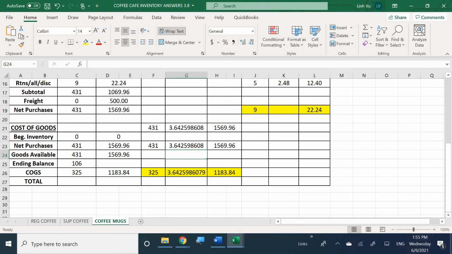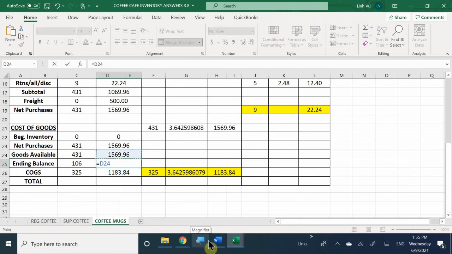By any chance, are any of your numbers not rounded? Because I just typed this in and I still get the same exact numbers. No, I'm fine. Okay. So therefore, there's my total cost of goods sold. All right.